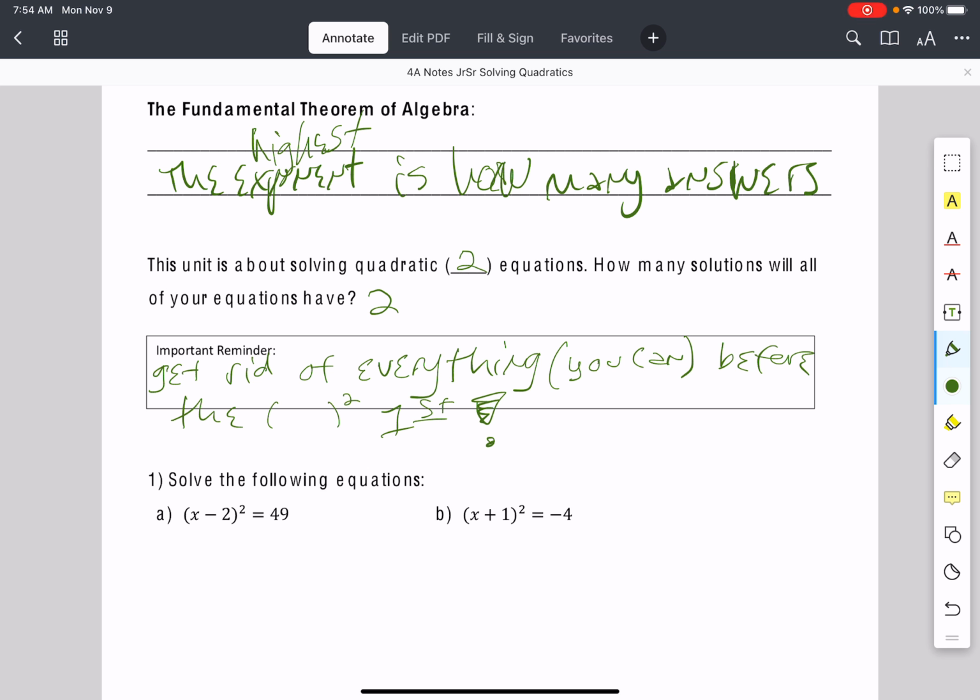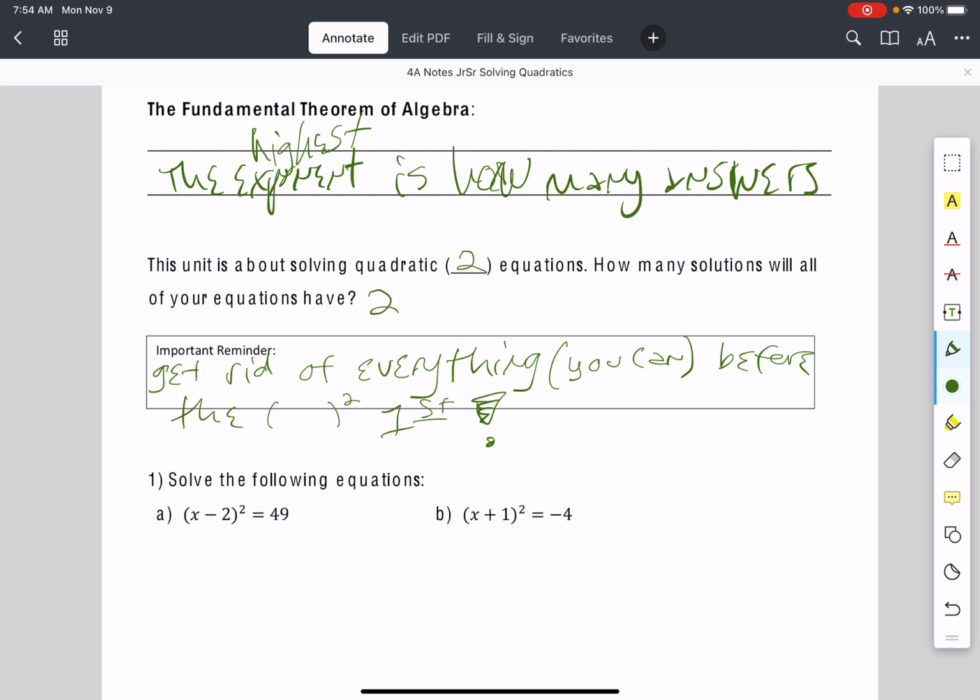Now, on this one, this is a little different. Last time, all we did was ones that just had an x squared. You guys remember that? Now, this time, we're actually going to do ones like our vertex form. Now, this x minus 2 is in the parentheses, so that counts as the squared here.